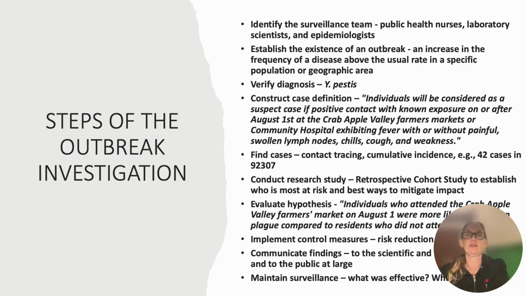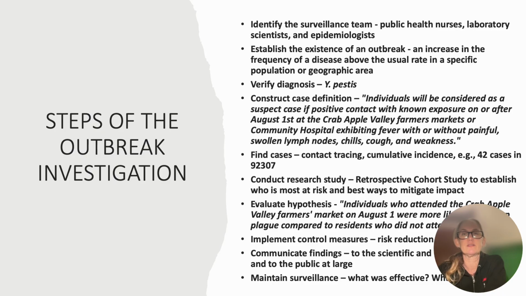In the Crabapple Valley scenario, 10 critical steps are identified when investigating an outbreak. The first step is to identify the surveillance team. These team members typically include leadership, epidemiologists or physicians, nurses, pharmacists, statisticians, lab personnel, purchasing personnel, and public health liaisons involved in contact tracing, community care, and education.